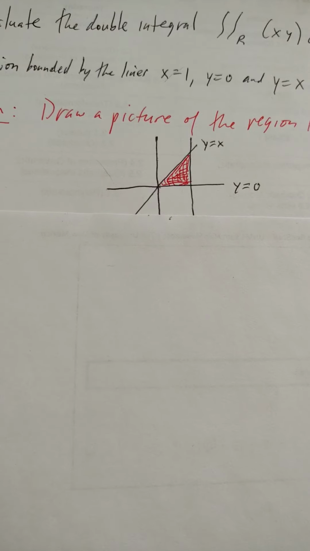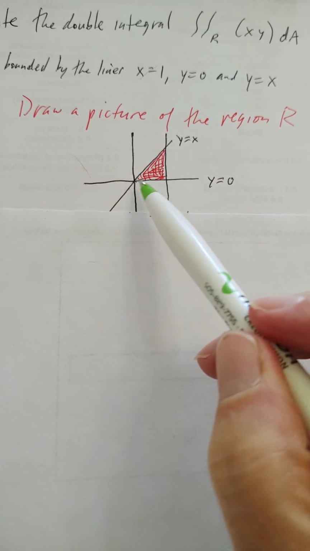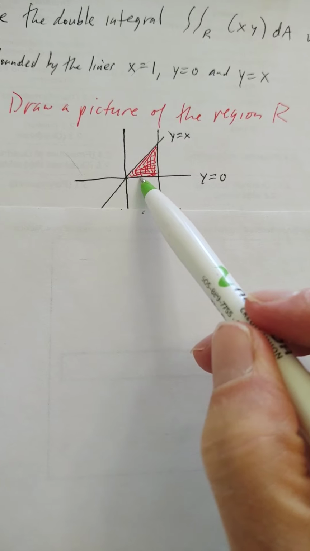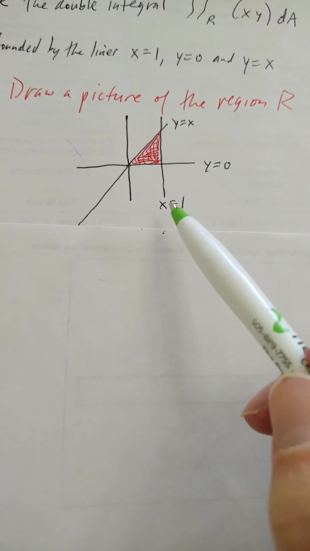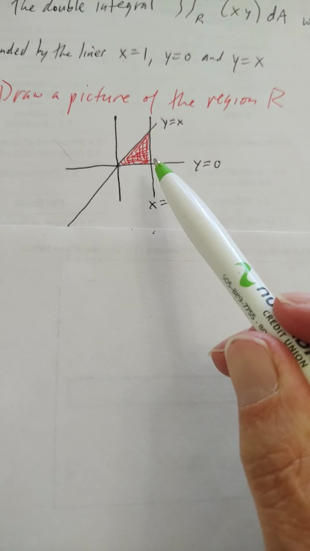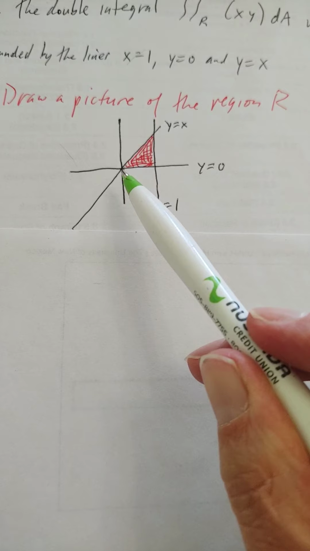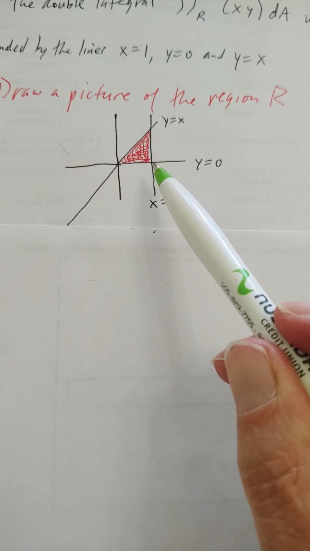So now that we have our region R, notice it's not a rectangle. So the order of integration does matter. So what I did was I said, well, clearly this triangle goes from x equals 0 to x equals 1. From x equals 0 to x equals 1, we get that whole base of the triangle. So because I'm using constants, x equals 0 to x equals 1, that's going to be my outer integral.